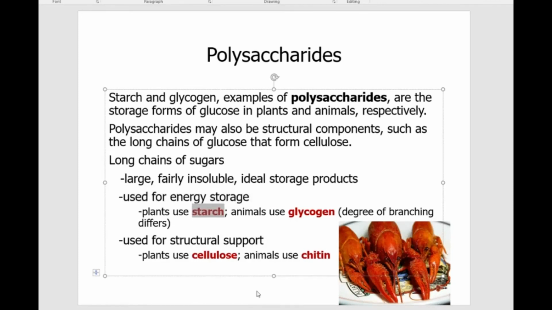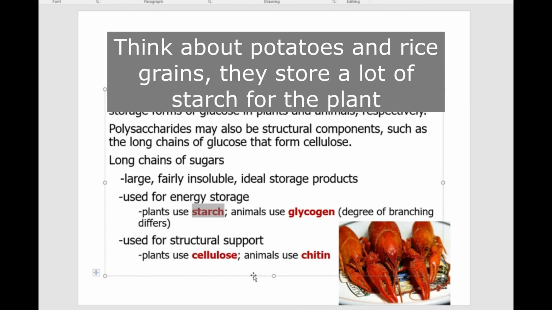Starch has hundreds and hundreds of glucose molecules linked together. If the plant gets excess glucose, then the plant is going to store it. It's going to link all the glucose together to form starch. If the plant needs energy, then it's going to break down the starch to get glucose for energy. So it's a storage, usually, for polysaccharides.